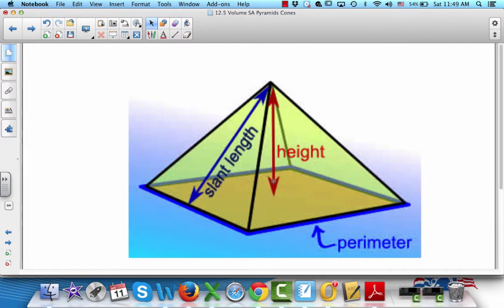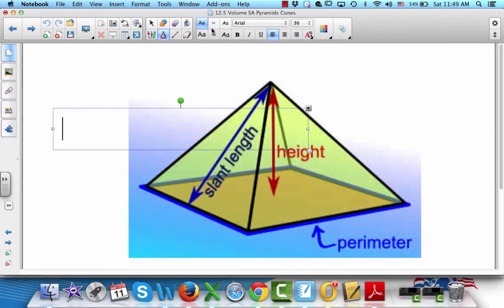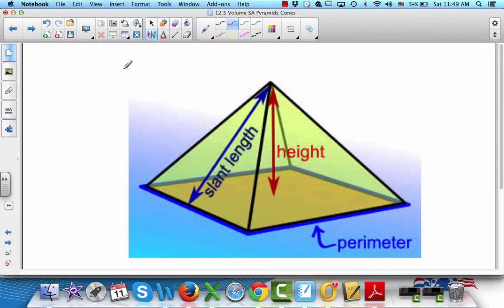The other thing that you have is the height. The height is drawn from the vertex perpendicular to the base. You know that the base is down here on the bottom, okay? And when we refer to the base, we're typically referring to the big B, okay?